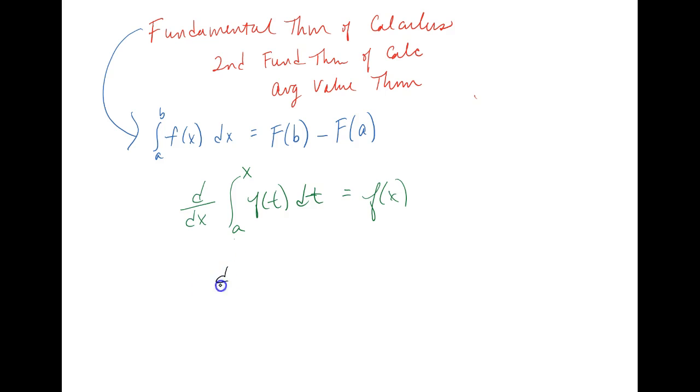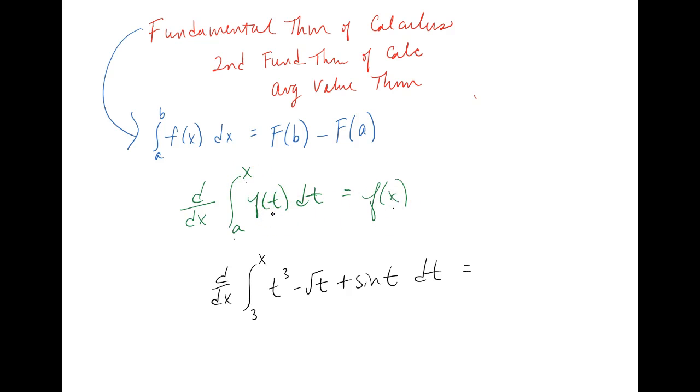So for instance, if you are asked to take the derivative of the antiderivative of t cubed minus the square root of t plus the sine of t dt. All that's going to happen here, according to this rule, is you're going to ignore the lower bound because it's just a constant, and the upper bound of x is going to get plugged into your function.